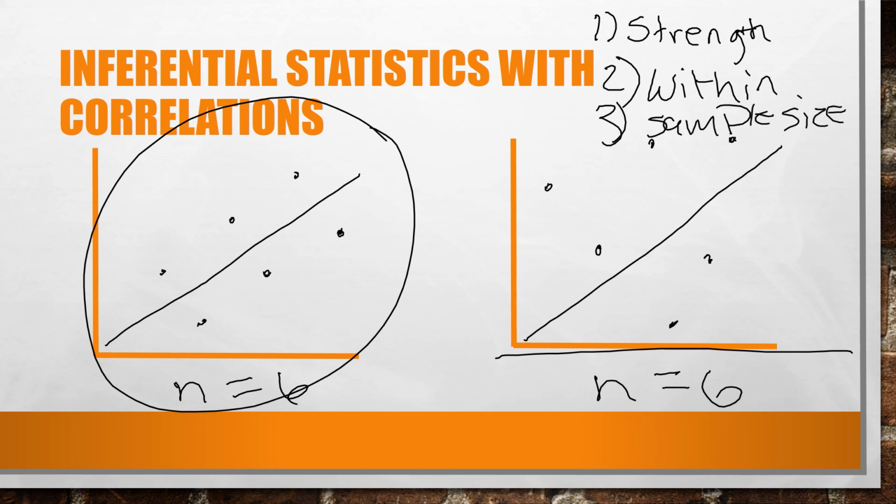The only difference is that now we have 2 scale variables, you can't put a mean for each group because there's no groups anymore. So instead we do a correlation, and instead of the difference between the means, now it's the strength of the correlation that determines if this is significant and if it's due to more than just chance. How likely is this due to chance versus there's actually a correlation.